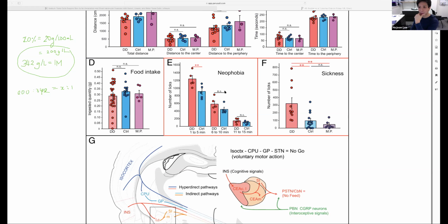Anything else about the paper? So Jake, during your rotation, I hope that we can figure out what's going on in the PSTN. And this is the one paper that shows perhaps a little bit of the function of the PSTN. This came out in July of last year.